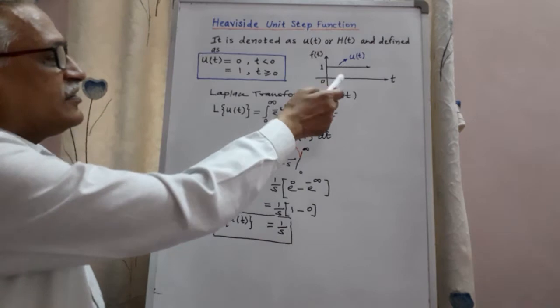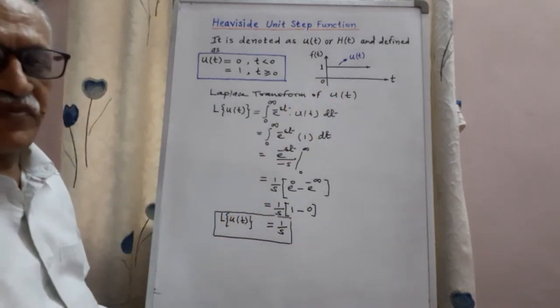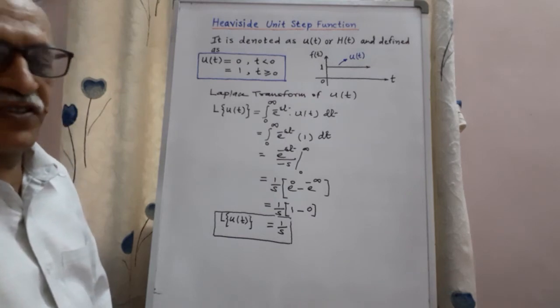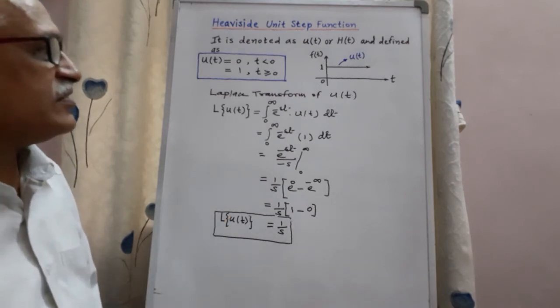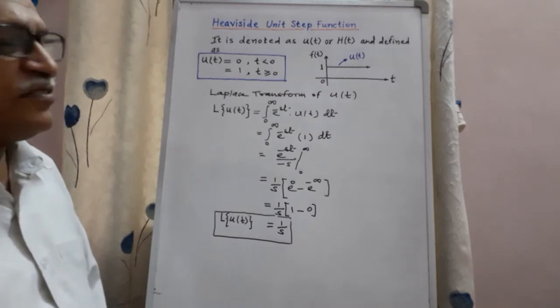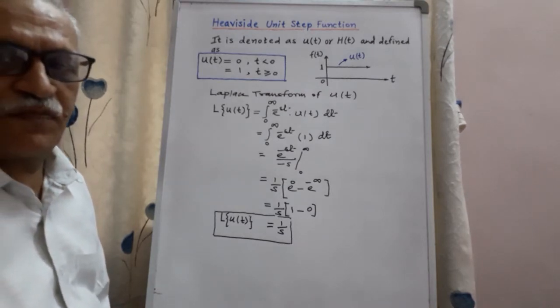This is the first result from this section. This function is a discontinuous type of function, or we can call it a special function, like the periodic function. In previous videos I have discussed how to find Laplace of a periodic function.